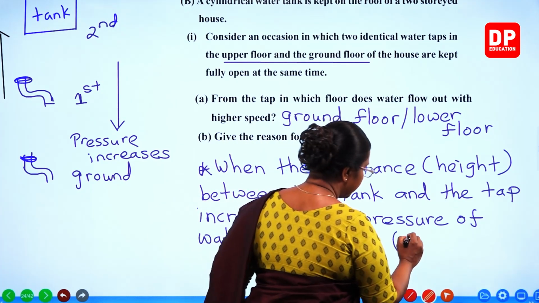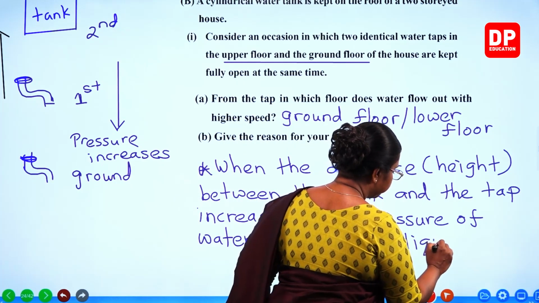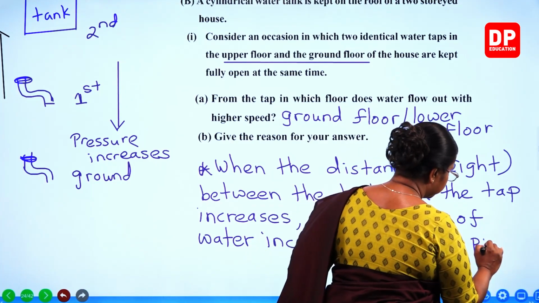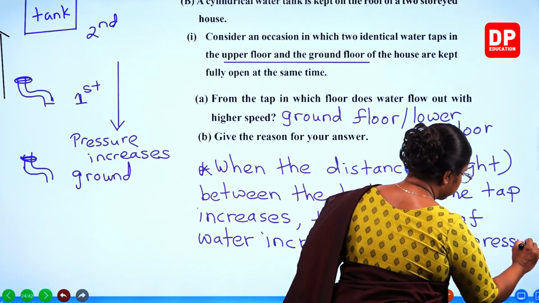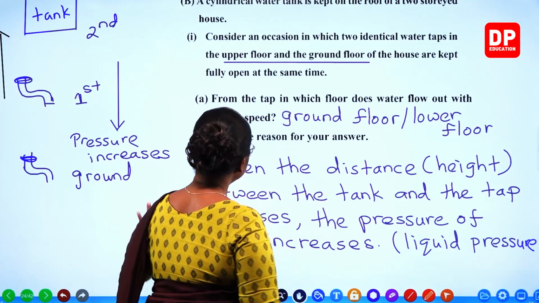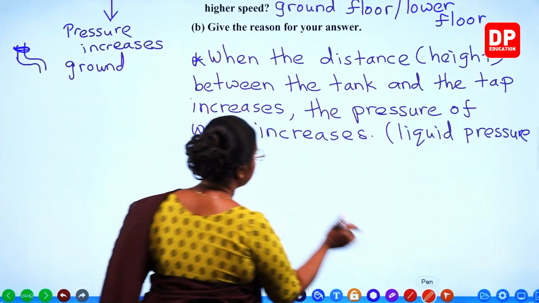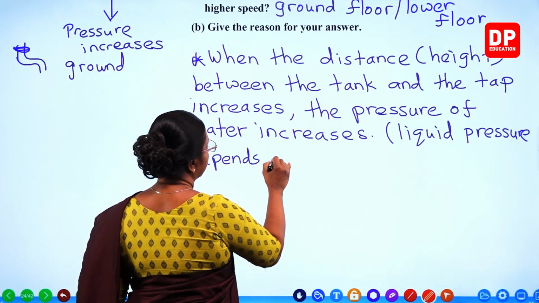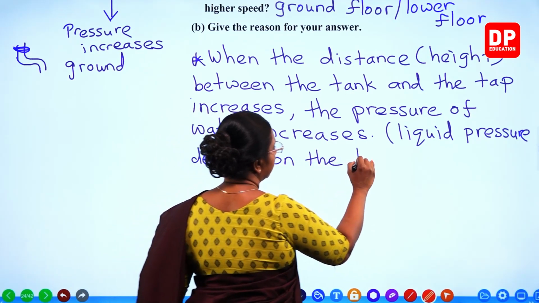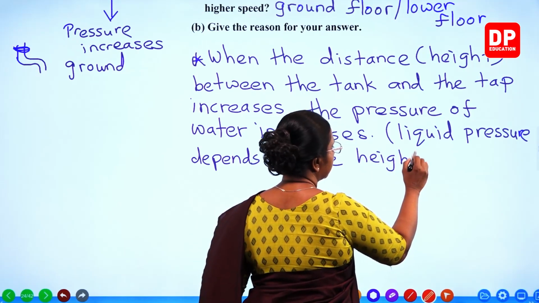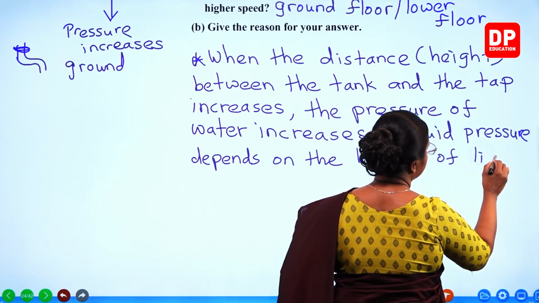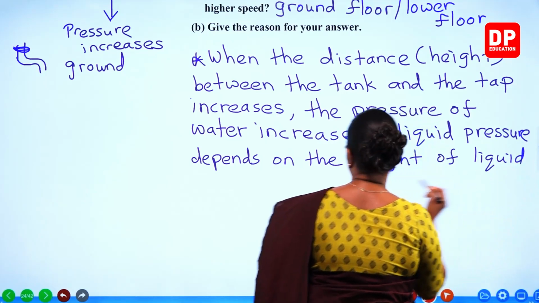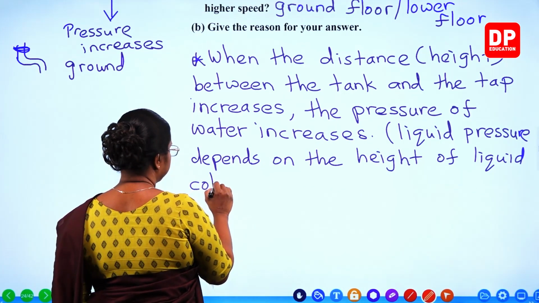In brackets we can say liquid pressure depends on the height of liquid column.